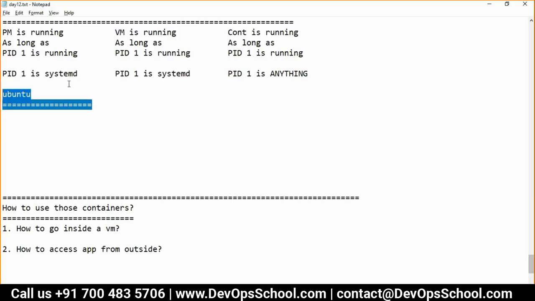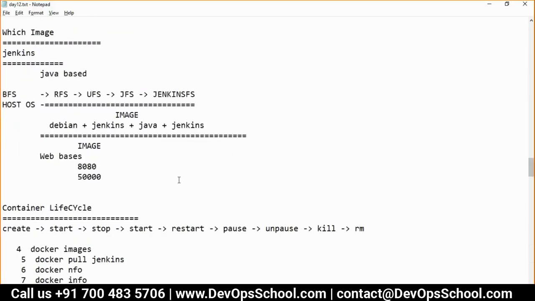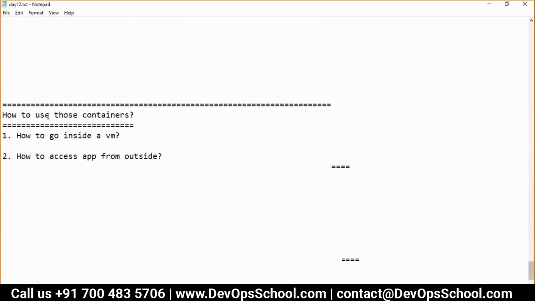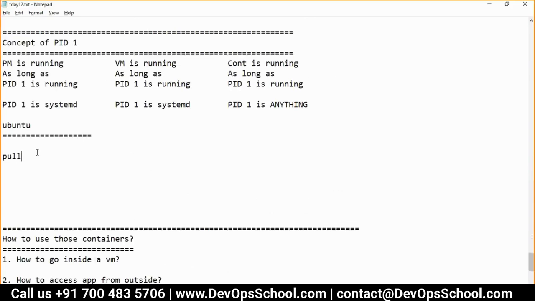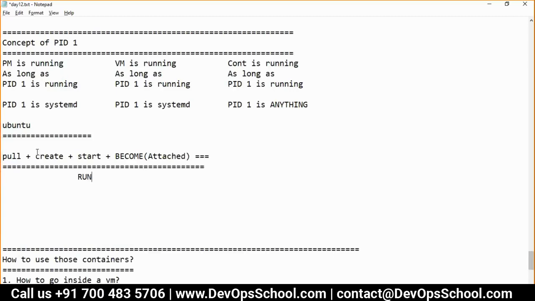Yes. Okay. So now guys, I'll show you one shortcut. Pull command plus create command plus start command plus become or attached is equal to run command.